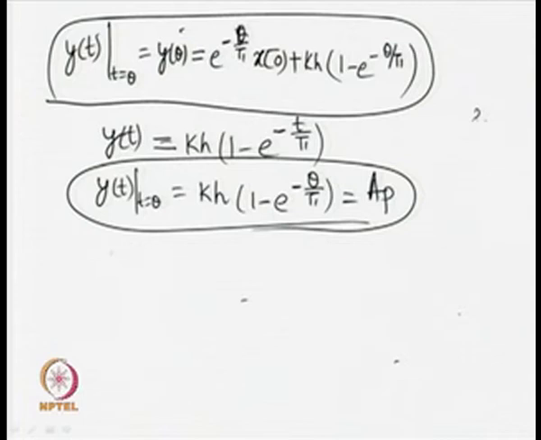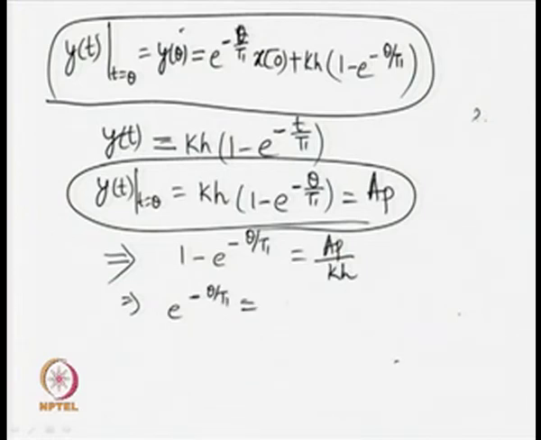So, what do we get from this expression? Simplifying, one gets 1 minus e to the power minus theta upon T1 is equal to Ap by Kh, or e to the power minus theta upon T1 is equal to 1 minus Ap by Kh, which is nothing but (Kh minus Ap) by Kh.